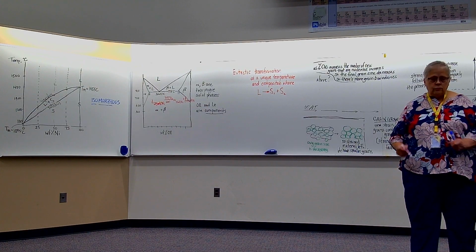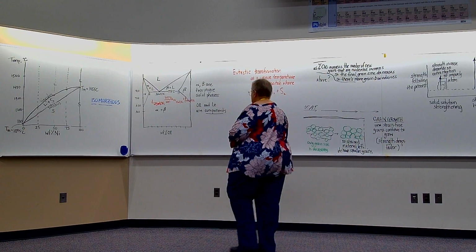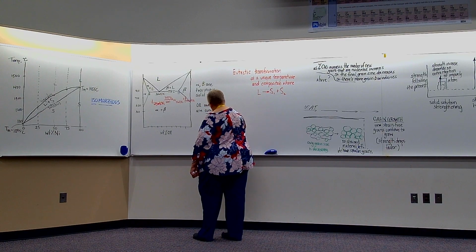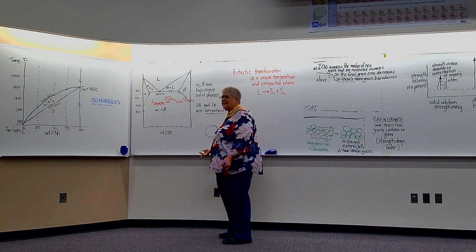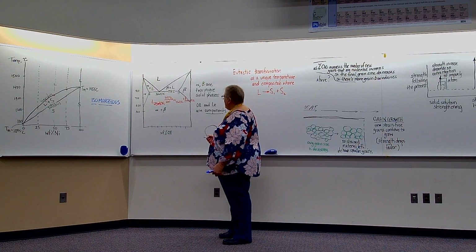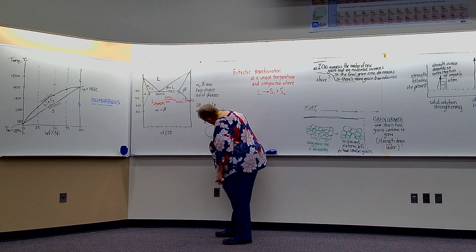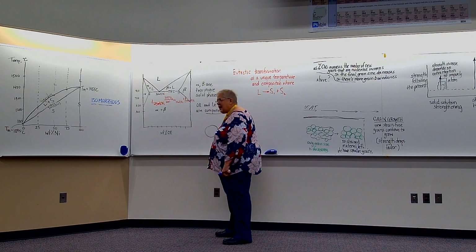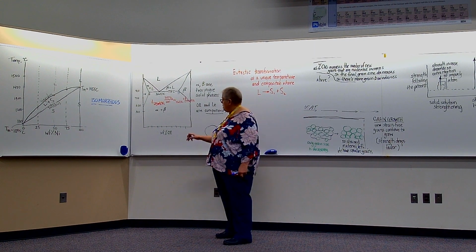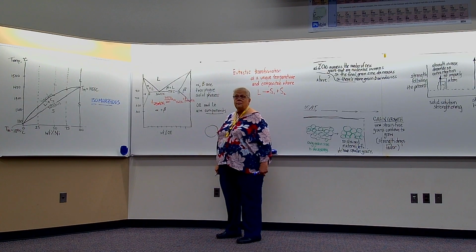What does it look like? Well, if I were able to look at this under a microscope, I have liquid, I can't see anything under the microscope, but at some point, a little bit of beta forms somewhere. We'll let beta be black. And when beta forms, it has to take some olivinium away from the environment because it's higher in olivinium.